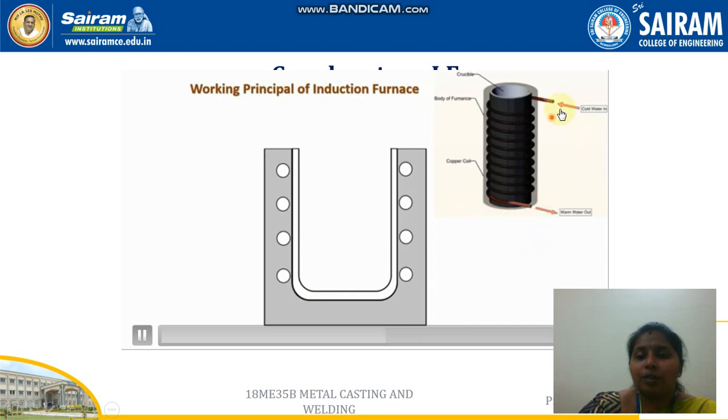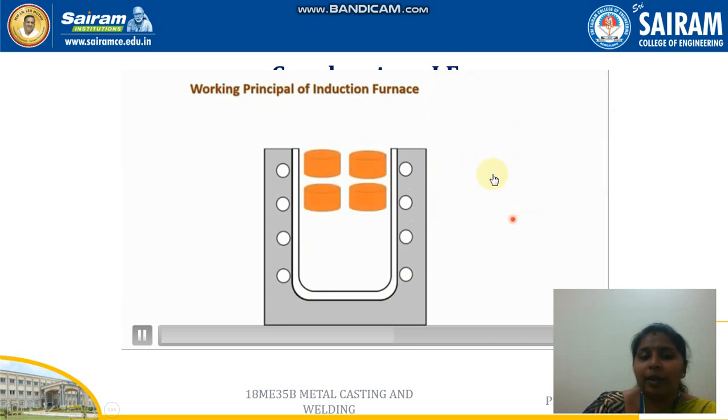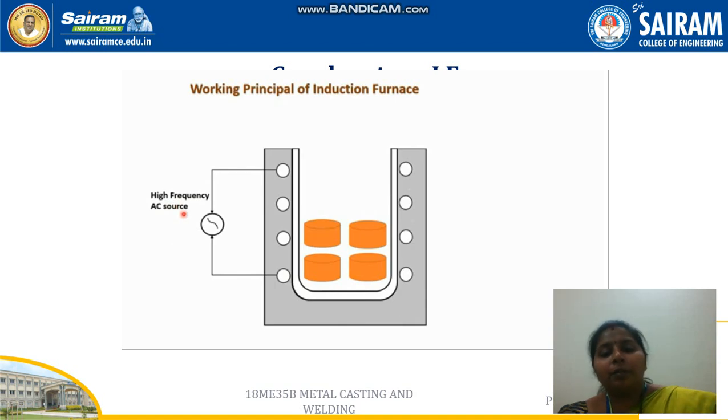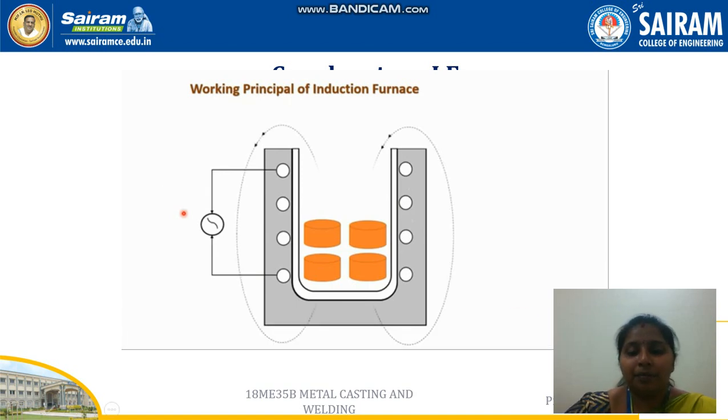During this process, the cold water enters and passes through when the current is supplied, and due to the current the water gets heated. We place the raw material to be melted inside the crucible. When the power supply is given, the heat produced makes the crucible heat up, which makes the raw materials melt.